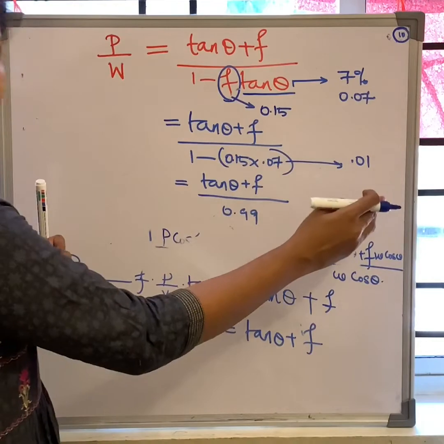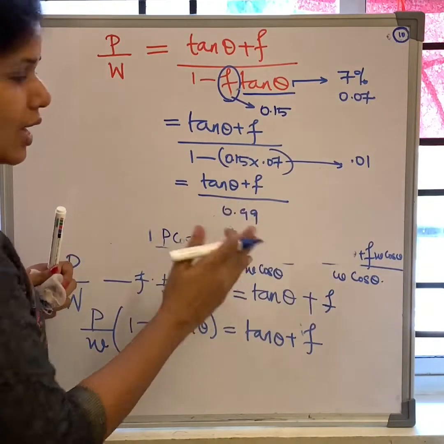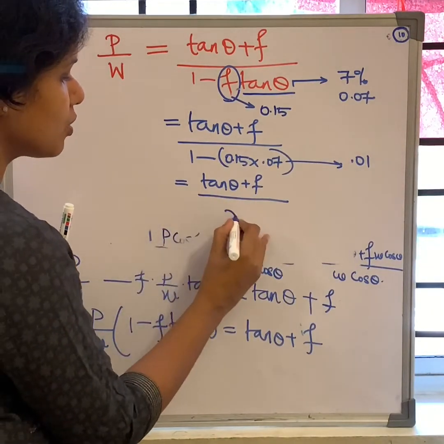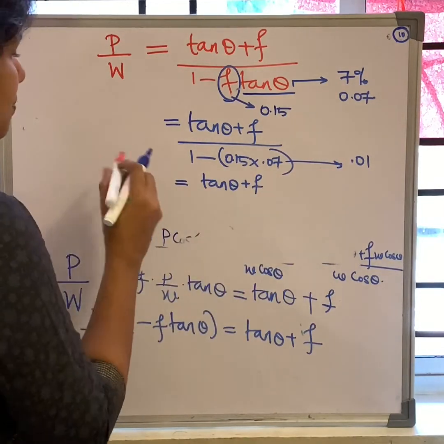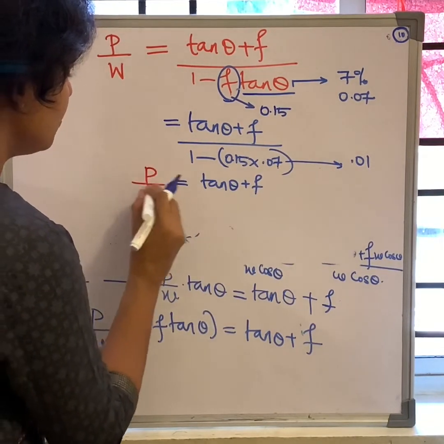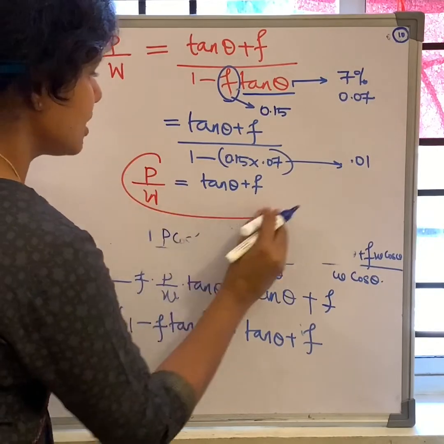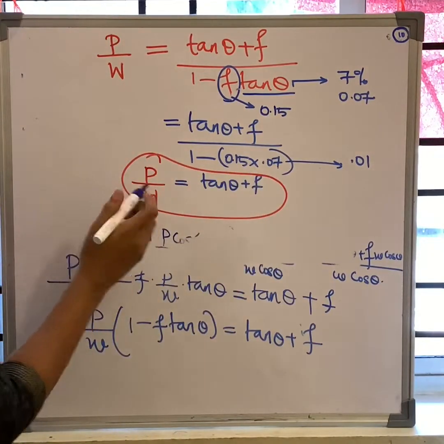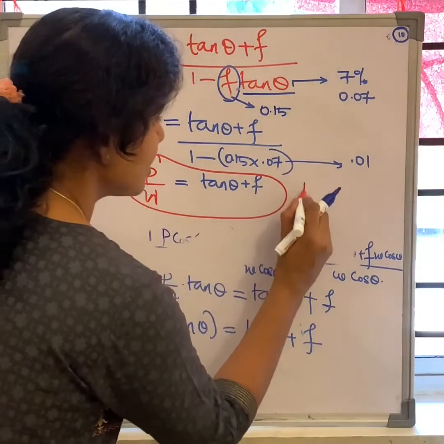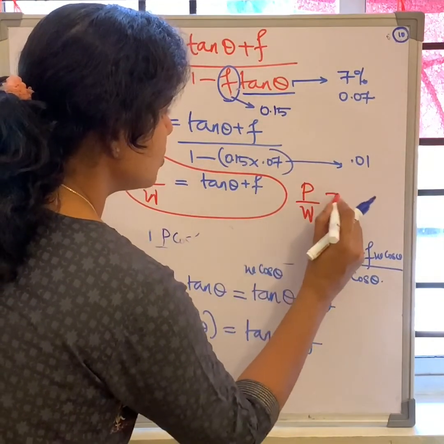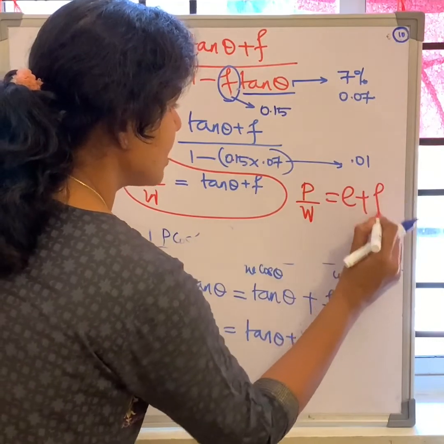So this 0.99 is nothing but you can approximate as 1. So your final equation will be P by W is equal to tan theta plus F. Now whoever wants, they can write this tan theta as E also. So let's write it that way: P by W is equal to E plus F.